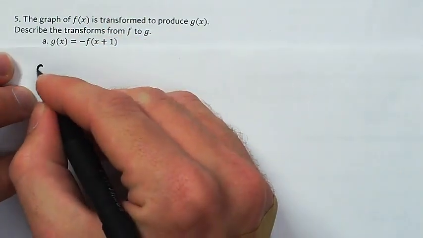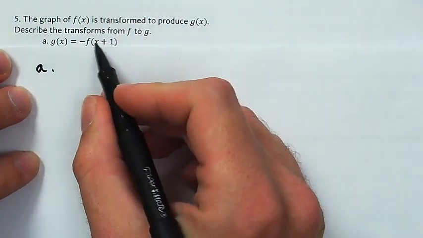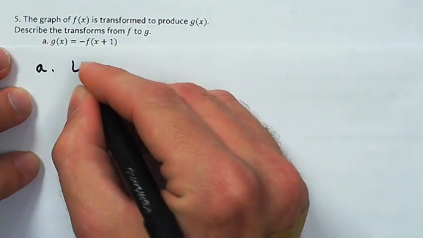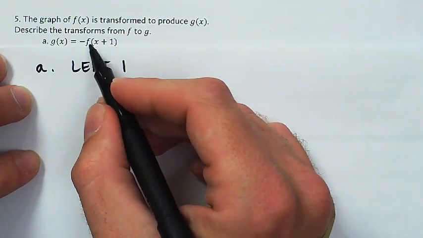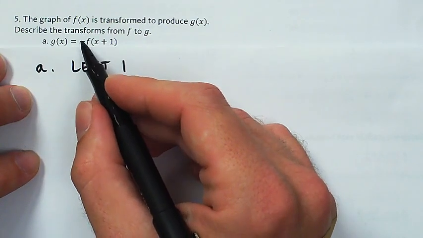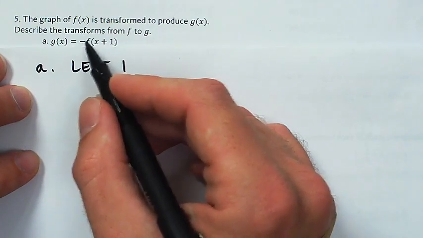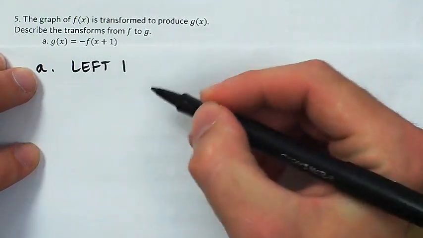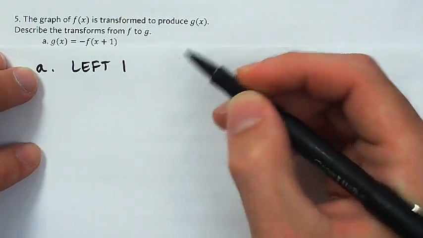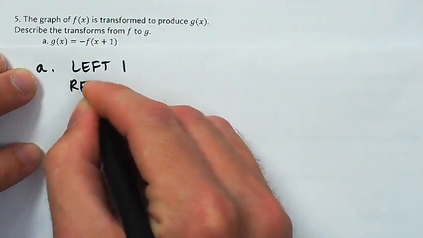Okay, so I'm going to say, all right, the x plus 1 is left by 1. And then the negative on the outside is a vertical reflection, because all the outside ones are vertical transforms, and a negative causes a reflection. So this is going to be a reflection vertically, reflection across the x-axis.